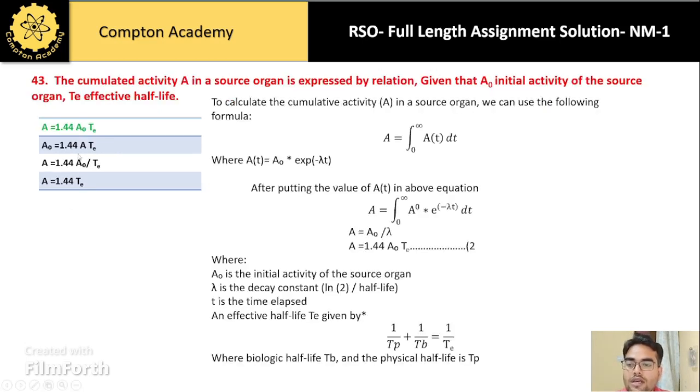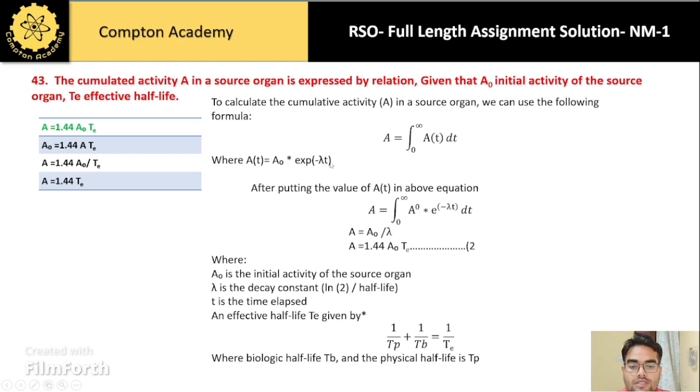Now another question: the accumulated activity A in a source organ is expressed by a relation, given that A naught is the initial activity of the source organ and TE is the effective half-life. To calculate the accumulated activity, we have to use the well-known equation of activity, where A(t) is the activity after the time interval t, and A naught is the initial activity, with e raised to the power minus lambda t.